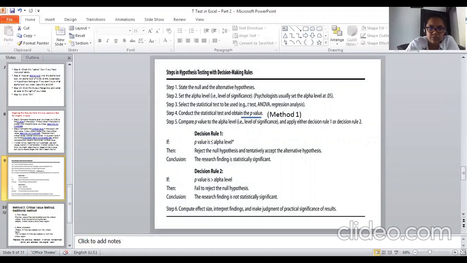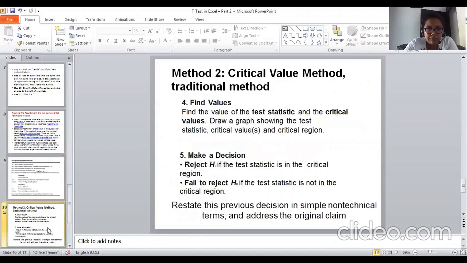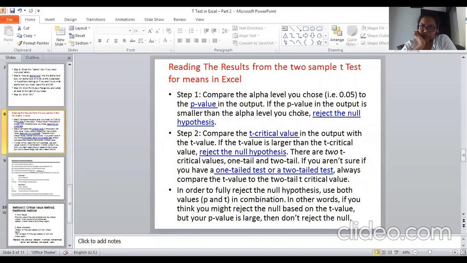So the p-value is not less than 0.05 in our case, so we move to decision rule 2, where our p-value is greater than the alpha level. That means we are failing to reject the null hypothesis, so there is a possibility of accepting the null hypothesis where mu1 equals mu2. The first step is to compare the alpha level we choose with the p-value in the output.